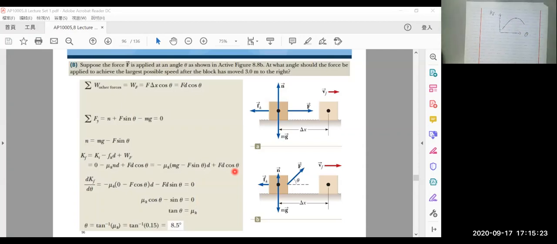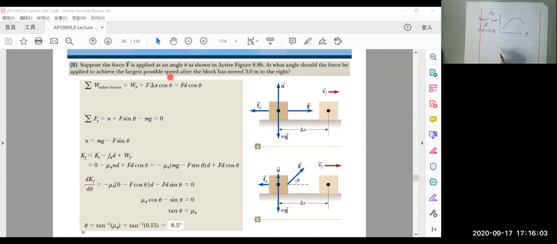Now, in the question, you are asked to find the largest possible speed, which in a sense is just the largest possible velocity of the block. Largest speed would be equivalent to the highest Kf, the kinetic energy in the final stage.